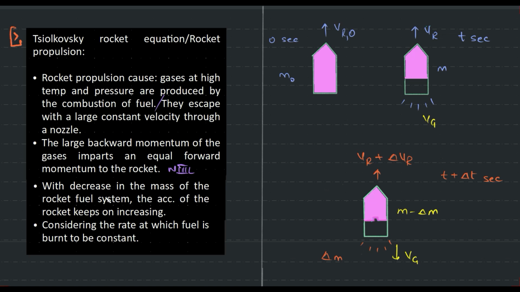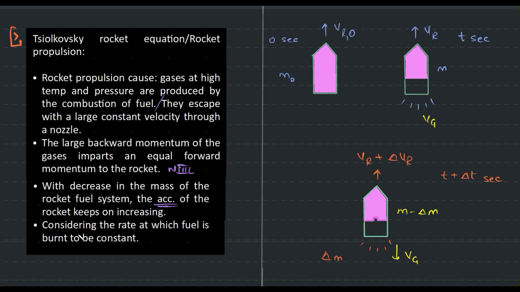With decrease in the mass of the rocket fuel system, the acceleration of the rocket keeps on increasing. Right? Means what? Means we are using up the gas, means we are burning it. This burning leads to force because the gas has to go out. So Newton's third law and so on and so forth, and it leads to acceleration. There's force and so it leads to acceleration.